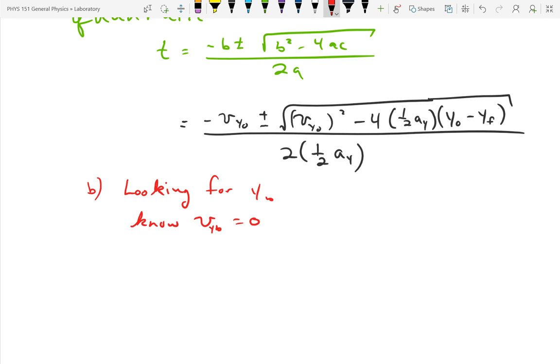So I know the initial height, 0. I'm looking for the final height. I know the acceleration. I know the initial speed, the final speed. What do I specifically not know and not care about? Time. So if I don't know about time and I don't care about time, what equation am I going to go to?